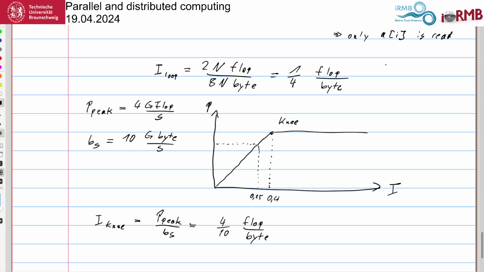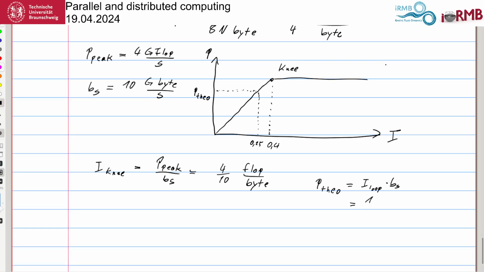So at this point we can get the theoretical performance that our loop could have. Namely, this is the intensity of the loop times the bandwidth.